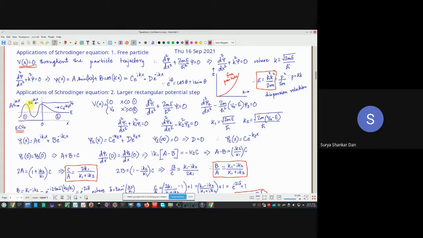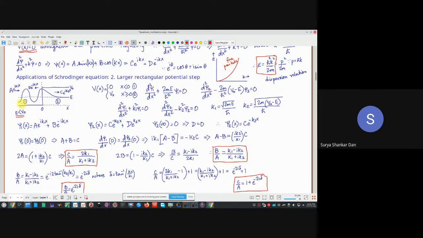So here in region 1, V(x) is 0, right? So the particle will behave like a free particle. So that's why instead of sine and cos, we have taken this e to the power ikx and e to the power of minus ikx form. Now, if you are looking at the phase advance and phase reversal, here plus ik1x is going towards the positive x direction, minus ik1x is going towards the negative x direction.